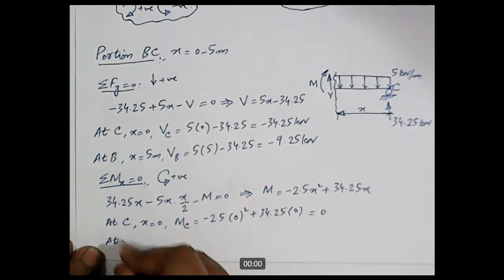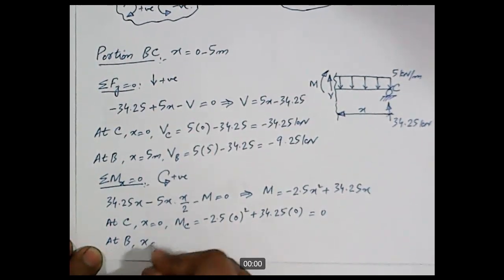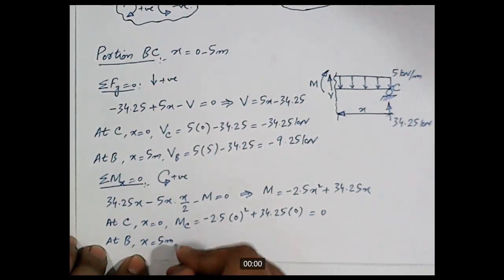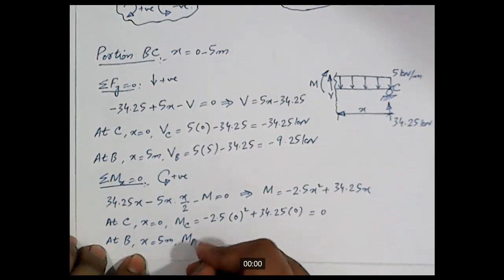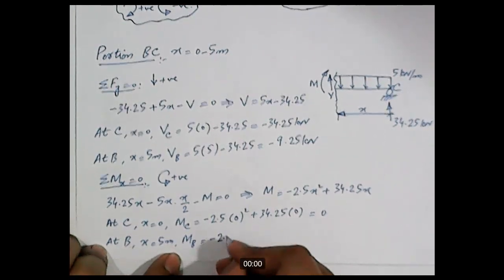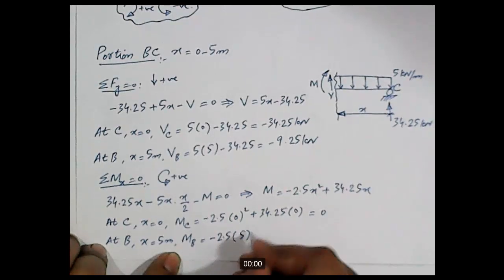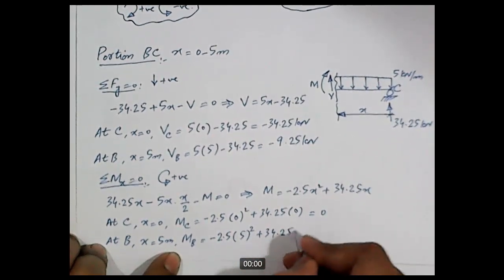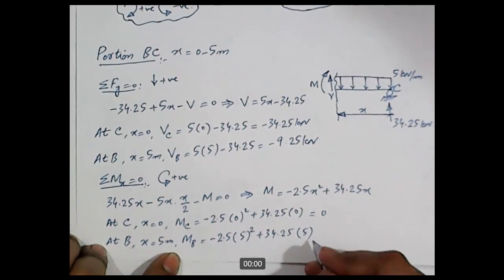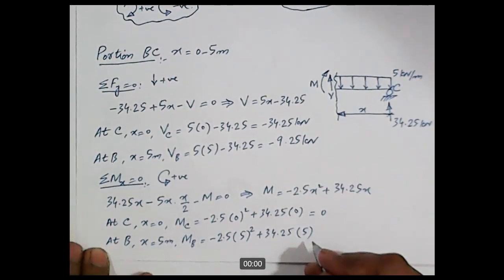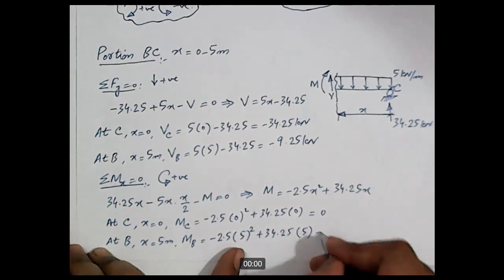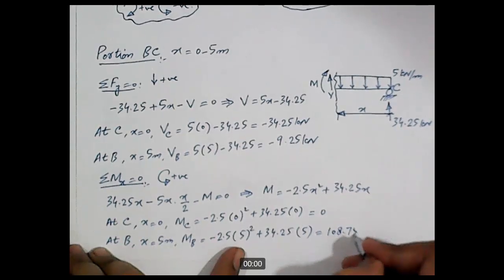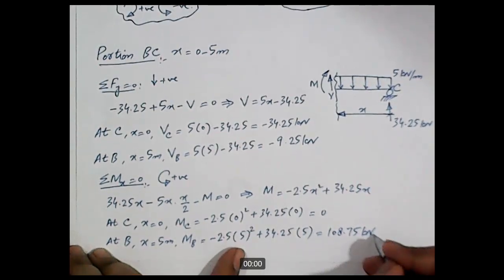And at B, x is equal to 5 meters, MB equal to minus 2.5 into 5 square plus 34.25 into 5, and if we solve this, what do we get? We get positive 108.75 kilonewton meter.